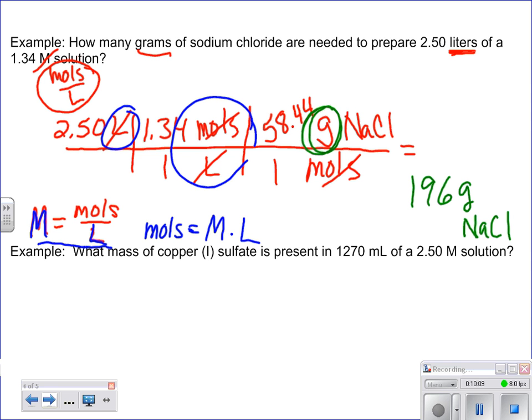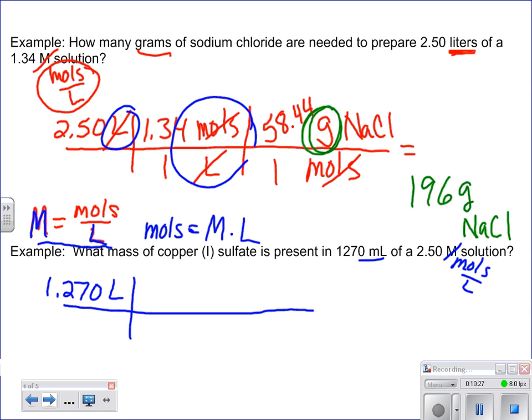Okay. Next one's real similar, so we're going to go through this really quickly. We start off with volume and moles per liter. So let's go ahead and write down our 1 unit of volume. I'm going to put that down because it's less work, and we all like less work. So we start with our volume. We don't want liters. We can go to moles.